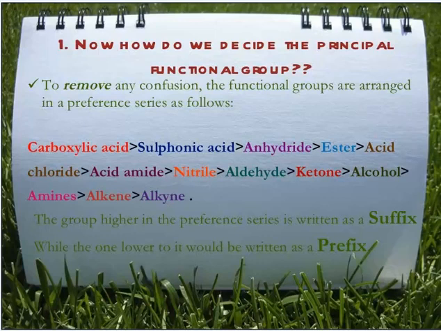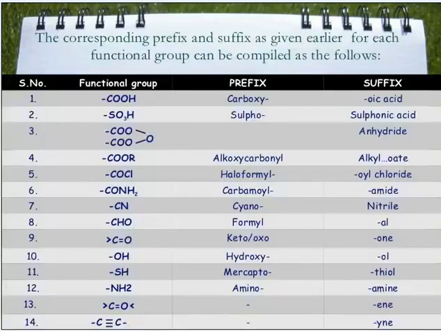The group higher in the preference series is written as a suffix, while the one lower than it would be written as a prefix. The corresponding prefixes and suffixes for each functional group can be compiled as follows.